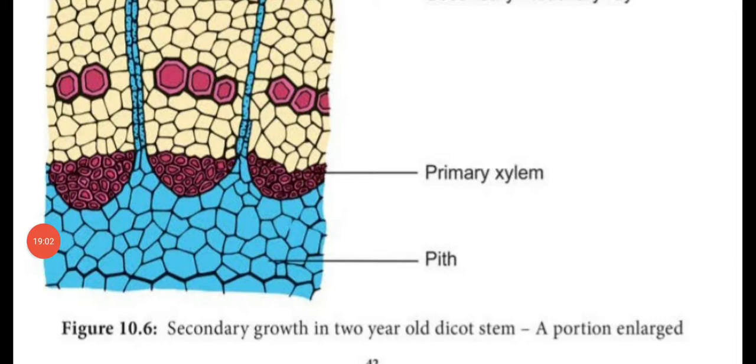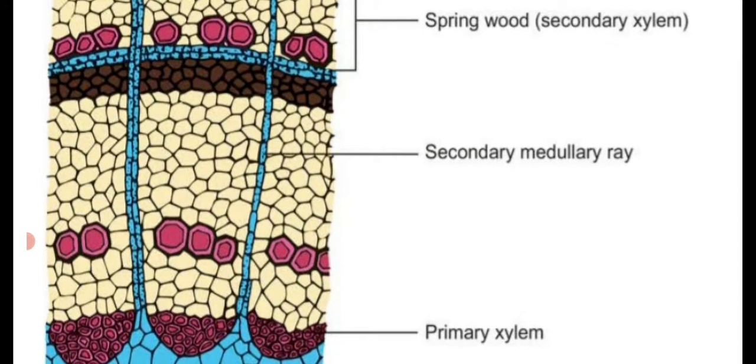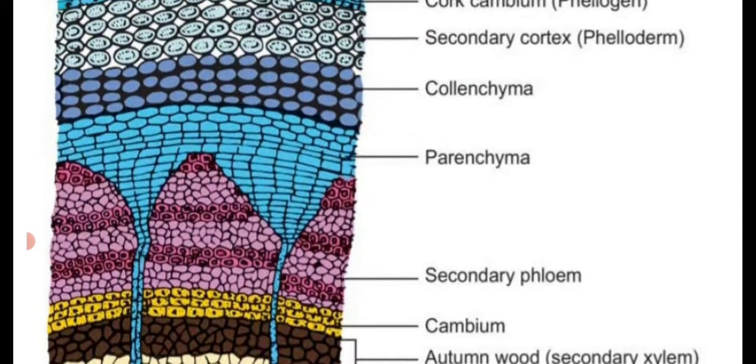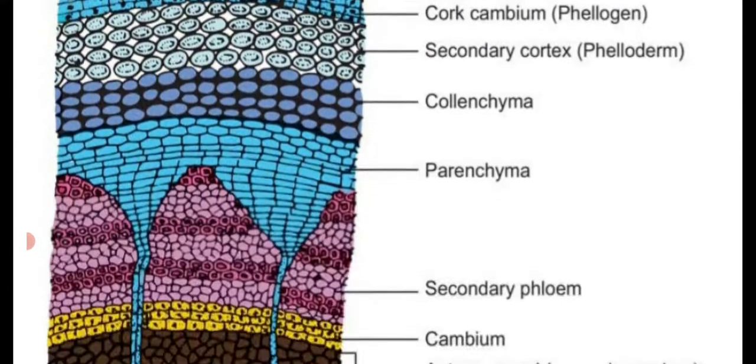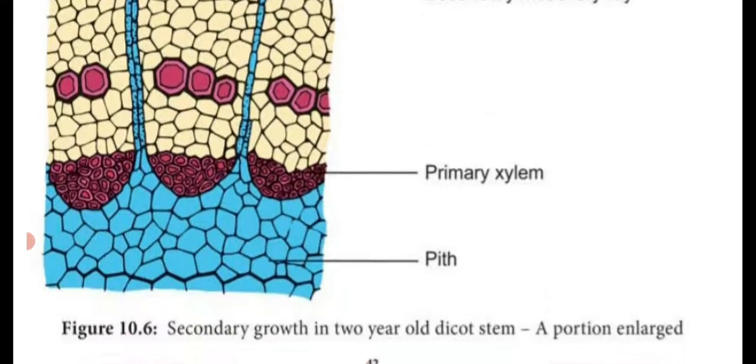Dear students, this is the secondary growth in a 2-year-old dicot stem. A portion is enlarged. See, this is the pith region. Around the pith region, they are having many vascular bundles. Here it's given only 3 vascular bundles.